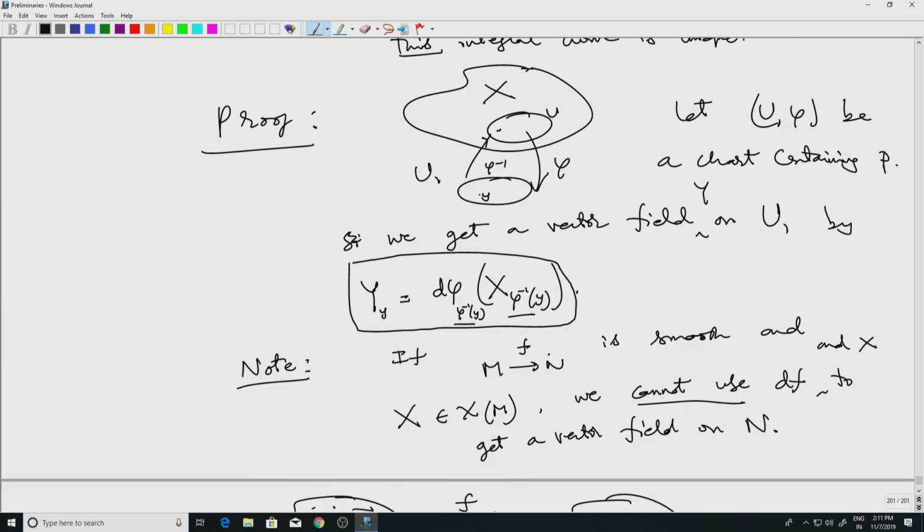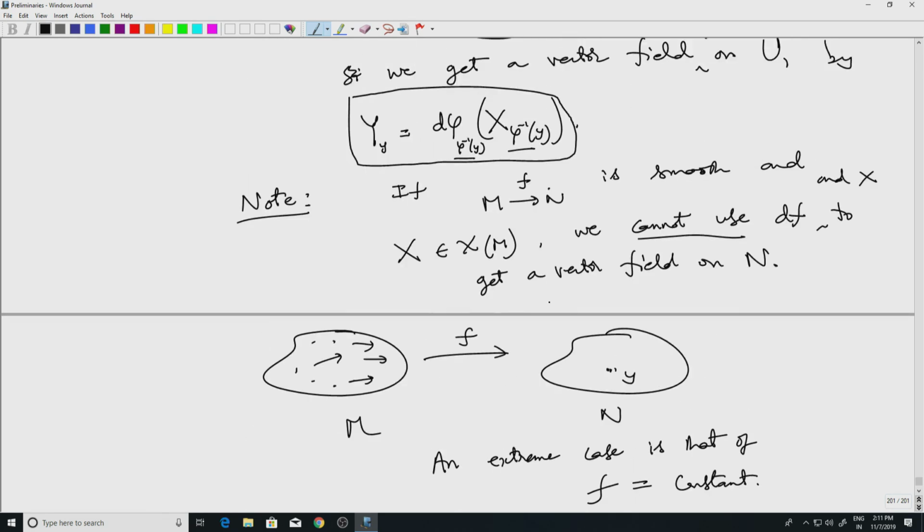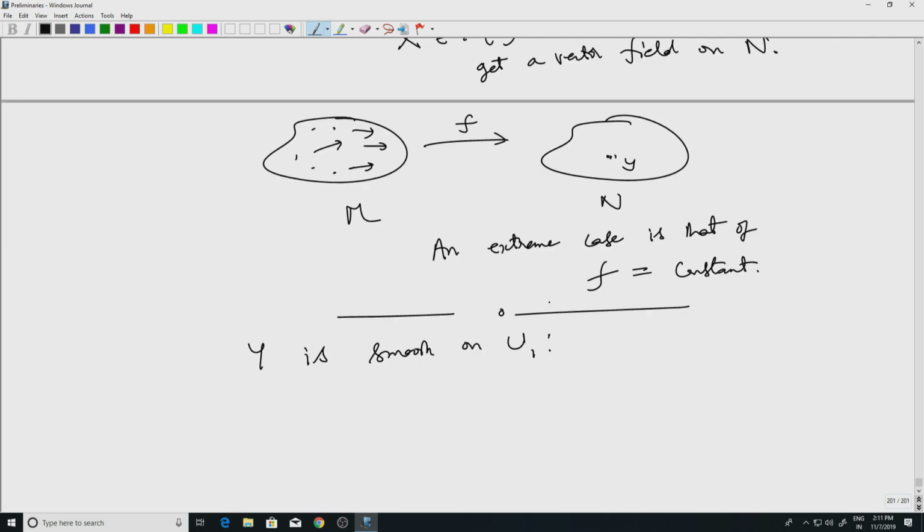It can be checked that this Y is smooth on U1. To see this, what one would do is, let f be a C infinity function on U1.